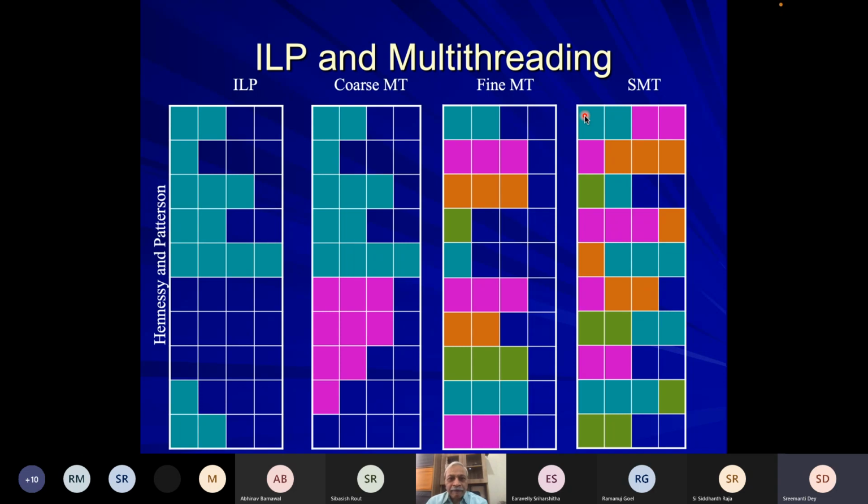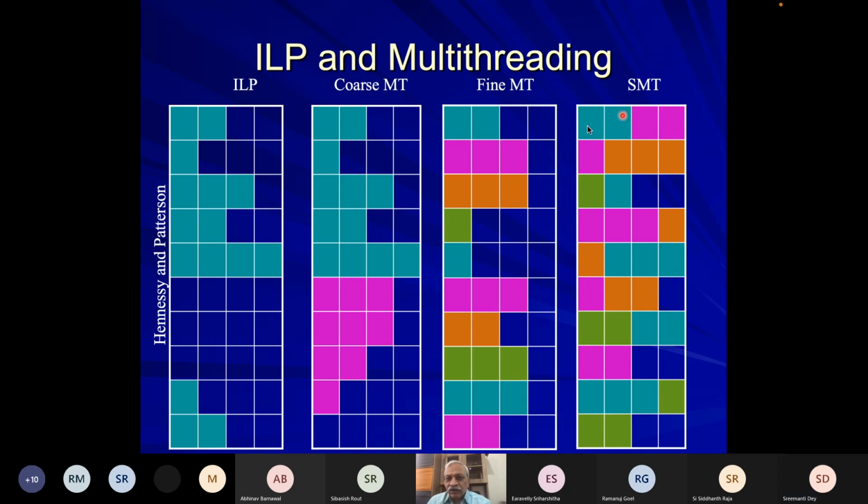These different colors indicate different instructions. No, different colors indicate different threads from which instructions are taken. When we have 2 different threads in one unit, what does that mean? A horizontal row represents one cycle.